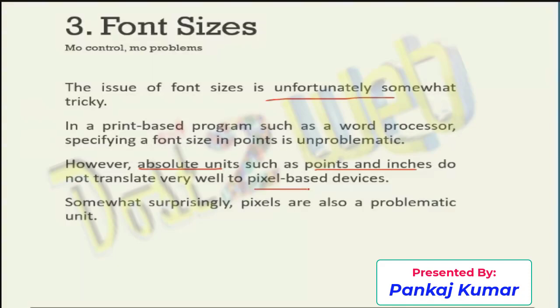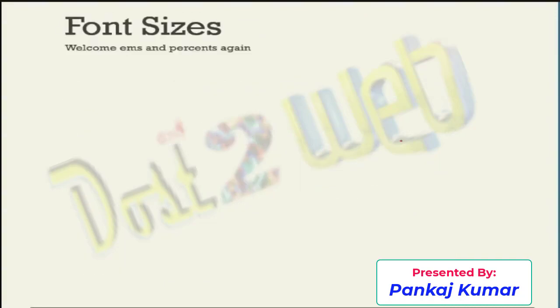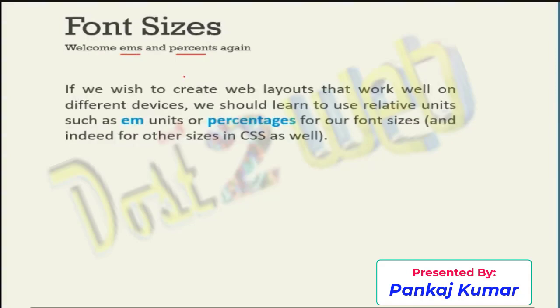So now this pixel also becomes a problematic unit, right? And on newer mobile devices, whatever these Android devices we use now, all the devices have certain pixels defined, right? Then again for that there are difficulties. So now how will you define this? If you have such issues in the application, then you have to use either percentage or EMs.